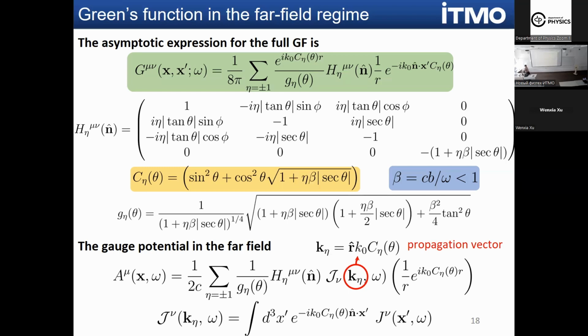Once we have the Green's function, we can calculate the potential fields, the gauge potential fields, for any source, just by integrating the sources around the localized trajectory with this integral. So once we have the gauge potential for an arbitrary source, we can calculate the electromagnetic fields very easily, and then since the Poynting vector is the same because we made B0 equal to 0, we can obtain the distribution of radiation for any arbitrary source.